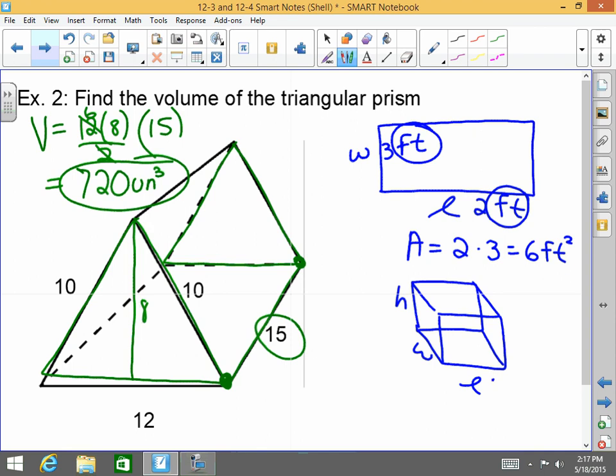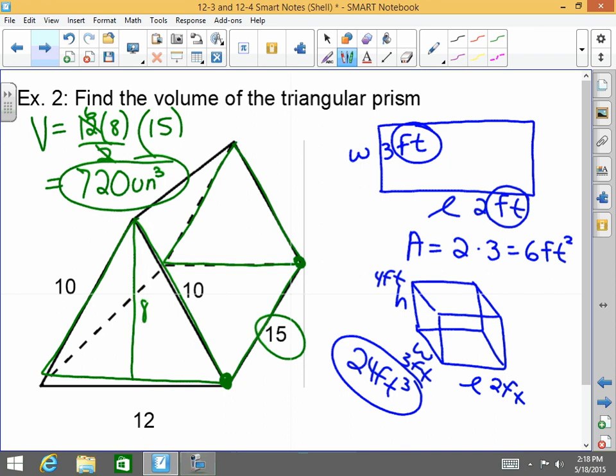So if this is 2 feet, and that's 3 feet, and let's just say that's 4 feet, well, that's 12 times 2, so that's 24 feet cubed. Because a foot times a foot times a foot is a foot cubed. Also, there are three dimensions: length, width, and height. Sometimes that height is known as depth or thickness.